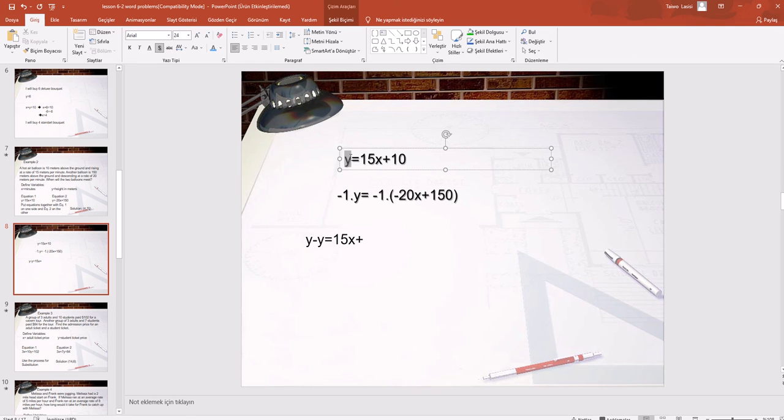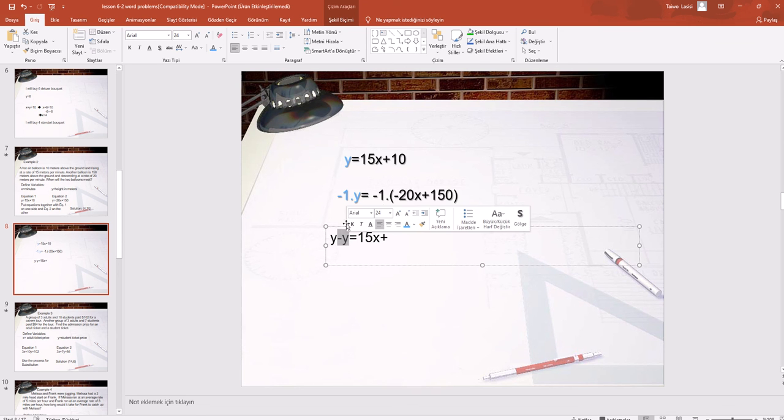This one is y, and this is minus y. Y minus y, but it should be -1 times y. So that makes minus y. We can simply write it as minus y. That's the same. Because if you multiply by -1, let us say -1 multiplied by x, you can simply write it as minus x.